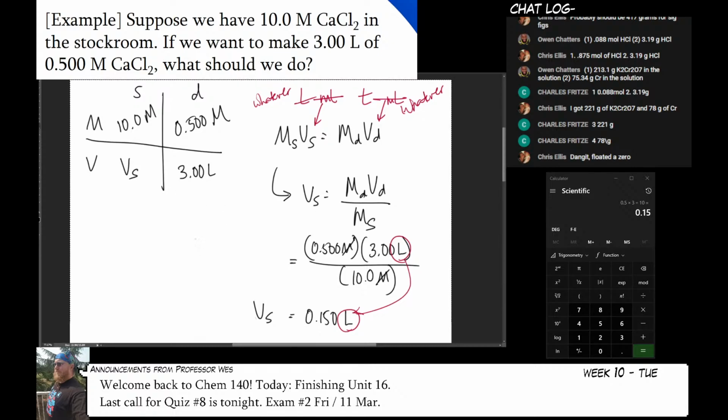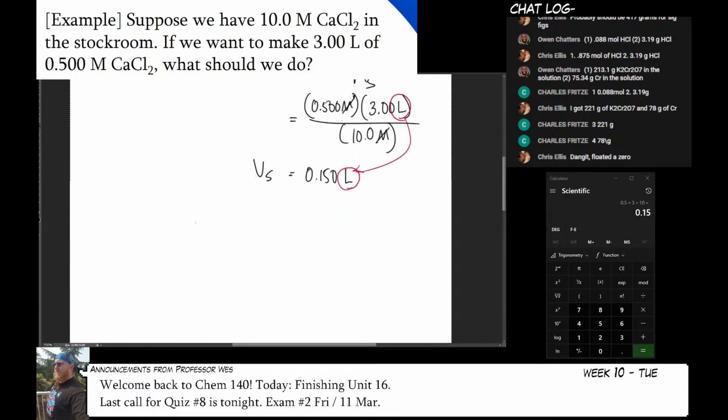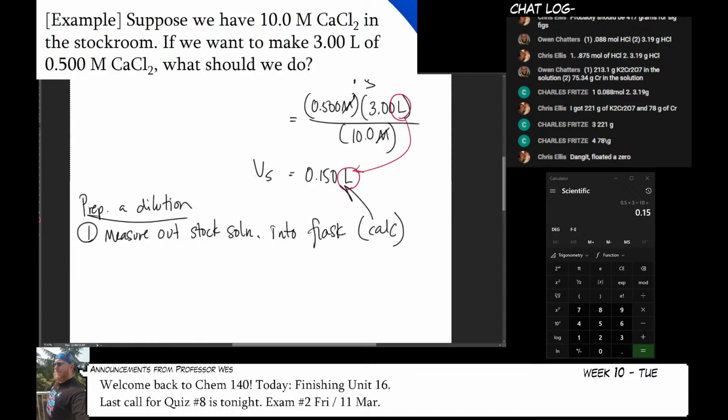All right. So now that we've got this number, what does this mean? Well, we're going to prepare a dilution. And guess what? It's the same 3 steps, right? We're going to measure the stock solution into a flask. And you need to do the calculation to figure out how much stock solution you need to measure.